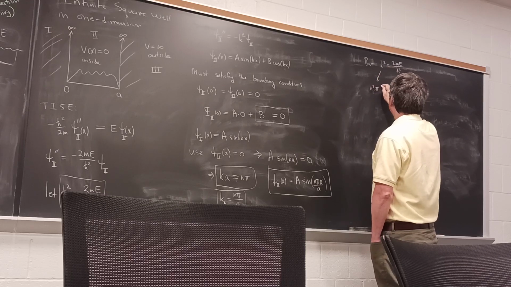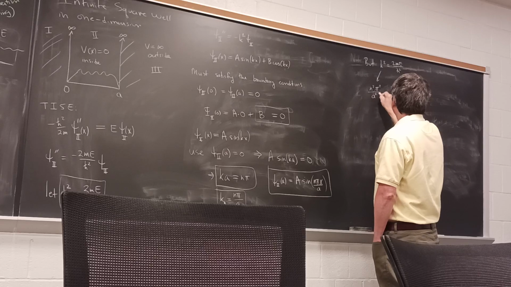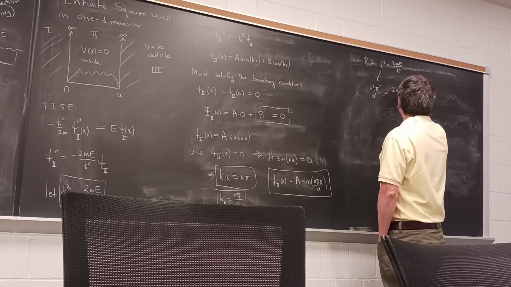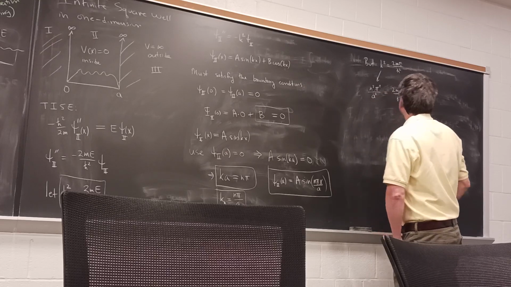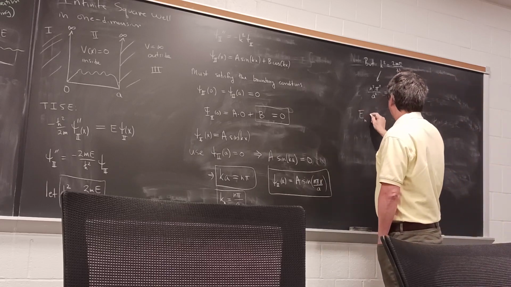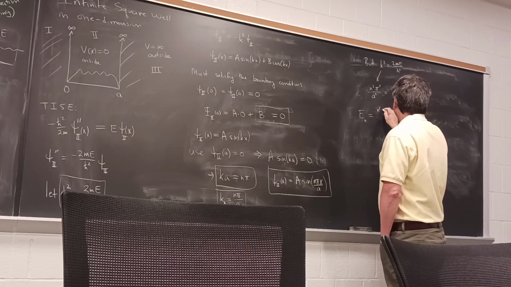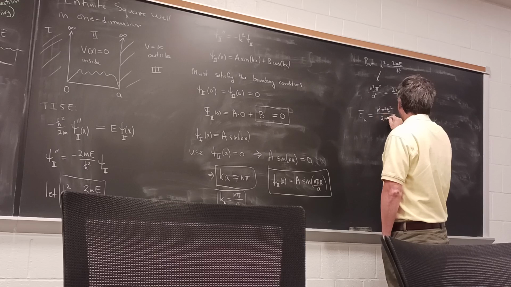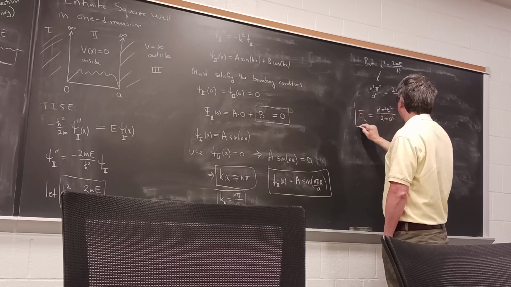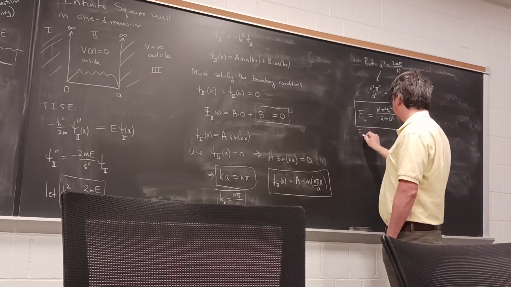That's n squared pi squared over a squared is equal to 2m E over h bar squared. So that means E, which is now depending on n, is n squared pi squared h bar squared over 2m a squared. Okay, so we found the energies.